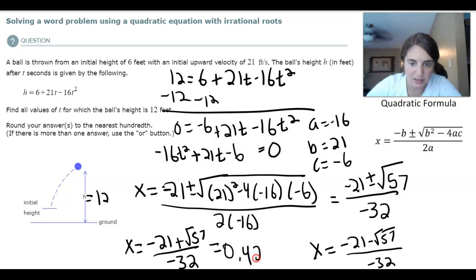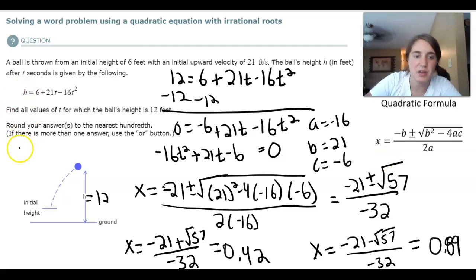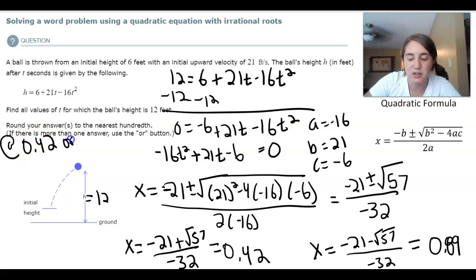It asks for the nearest hundredth. So that's two spots. So my answer would be 0.42 or 0.89 seconds.